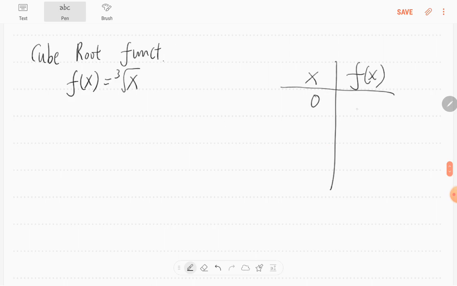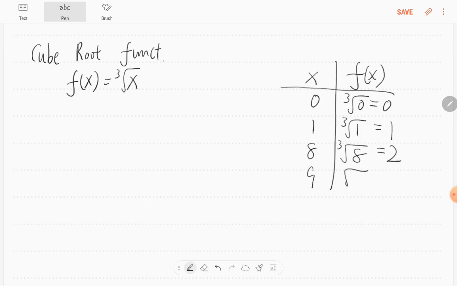When x equals 0, the cube root of 0 equals 0. When x equals 1, the cube root of 1 equals 1. When x equals 8, the cube root of 8 equals 2, right? When x equals 9, the cube root of 9 equals 3.